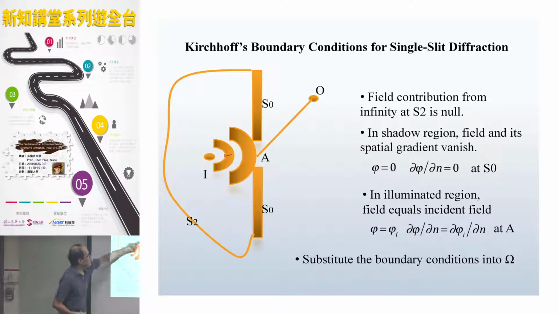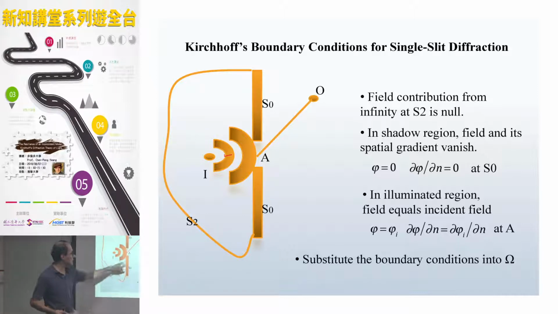One is that the field contribution from infinity is null because the Green's function has a 1 over r term, but this decays over 1 over r cubed. So the Green's function decays more quickly than the spatial contribution from the infinite part. So we can safely say that the contribution from S2 is 0. So we only need to consider the contribution from S0 and A.